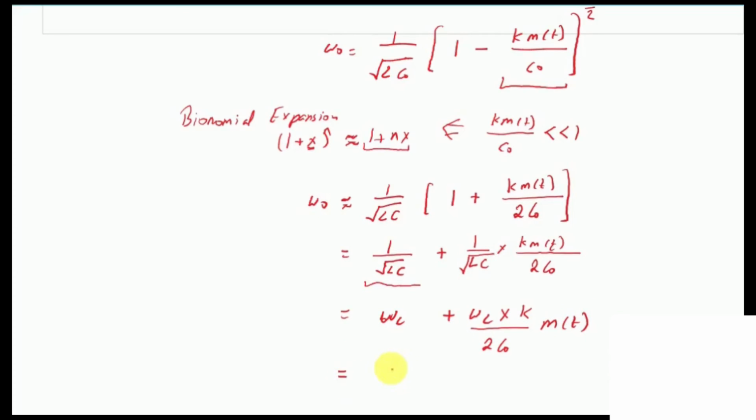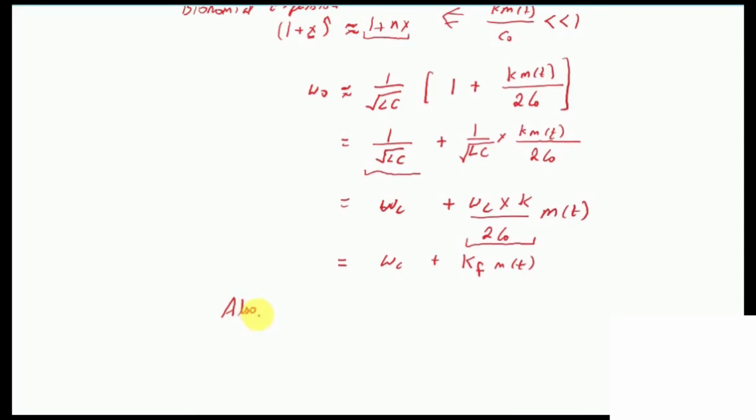We can simplify it further by expressing this in terms of a variable that we have previously used for the sensitivity of frequency modulation, that is Kf m(t), where Kf is equal to omega C times K by 2C naught.